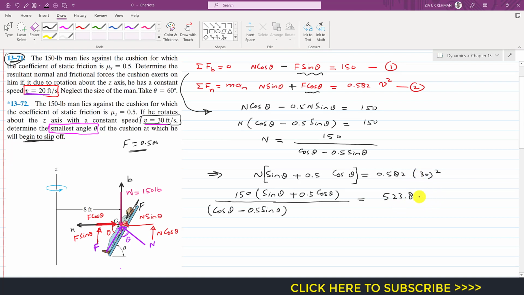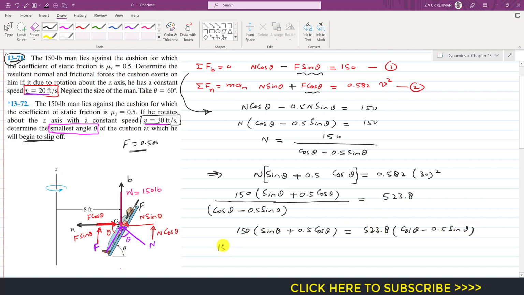Now if I multiply both sides of the equation by cos of theta minus 0.5 sine of theta, we will be left with 150 times sine of theta plus 0.5 cos of theta, equal to 523.8 times cos of theta minus 0.5 sine of theta. Now we can simplify this.